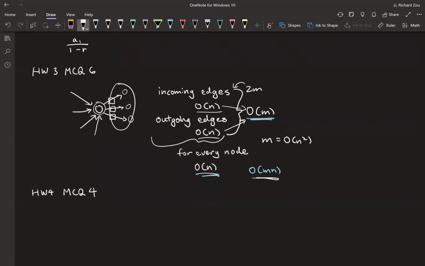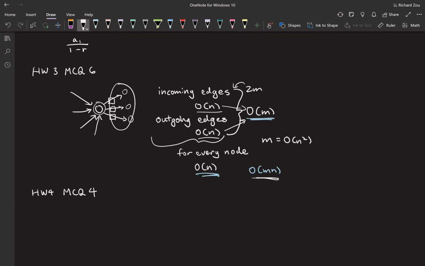Let's take a look at the questions in problem 4. So whenever we run DFS on a directed graph, every directed edge u to v has its starting point u in an earlier layer or the same layer as its endpoint v.